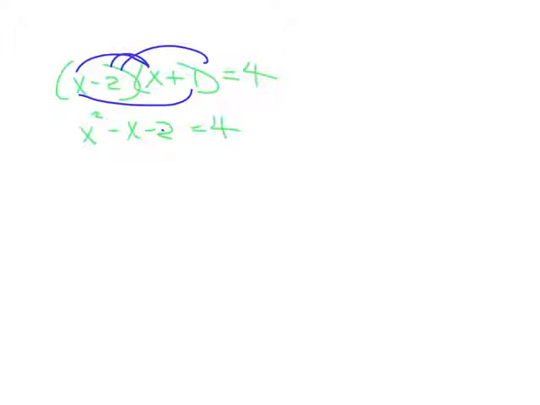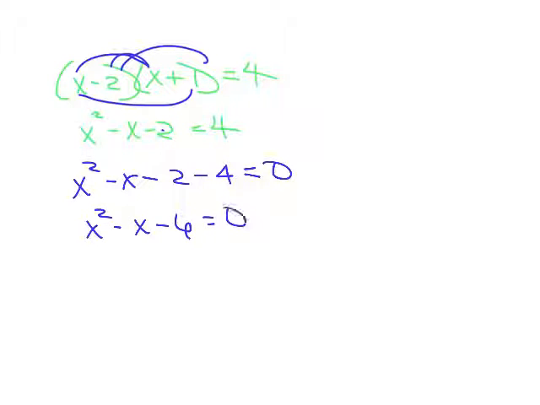So I've got x squared minus x minus 2 minus 4 equals 0. So now I'm down to a trinomial that is set equal to 0. Now I can factor it down. Okay, so that's the only thing I did here.